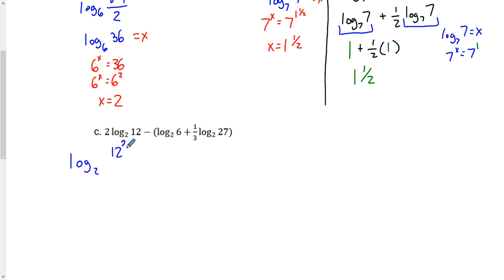So 12 squared. We're subtracting something. We're subtracting all of this, which means that's a division. And it's going to be a 6 plus, well, we're not adding, we're multiplying. We are multiplying this 27 to the power of 1/3.